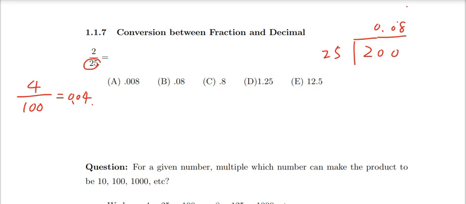For this one, changing 25 to 100, we just need to multiply by 4, right? So the numerator also multiplies by 4. So this equals 8 over 100.